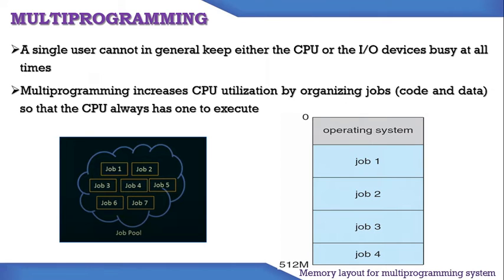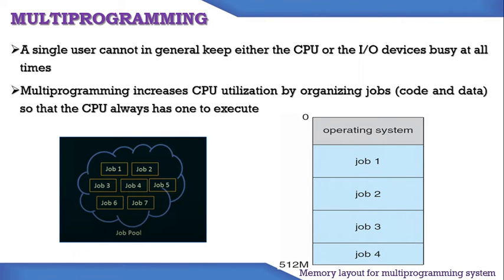When it goes for using the IO devices or any other resources, the CPU is released by job 1, and instead of remaining idle, it can be used by another job, let's say job 2. Job 2 can use the CPU until job 1 finishes its IO device operations.